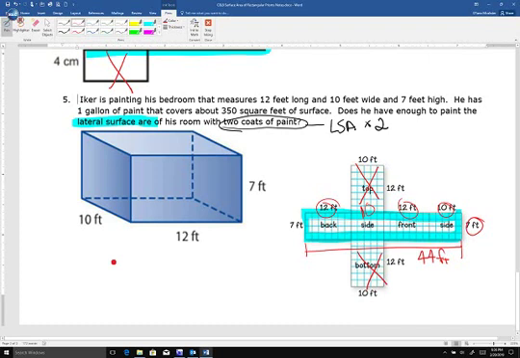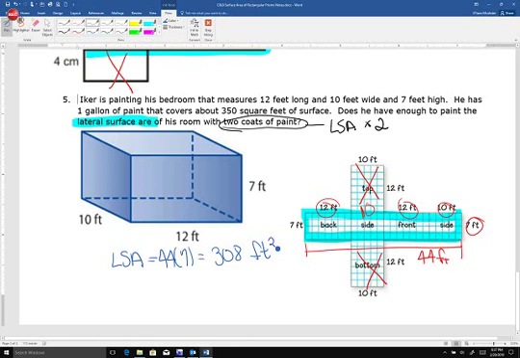So my lateral surface area is 44 times 7, which is 308 feet squared.